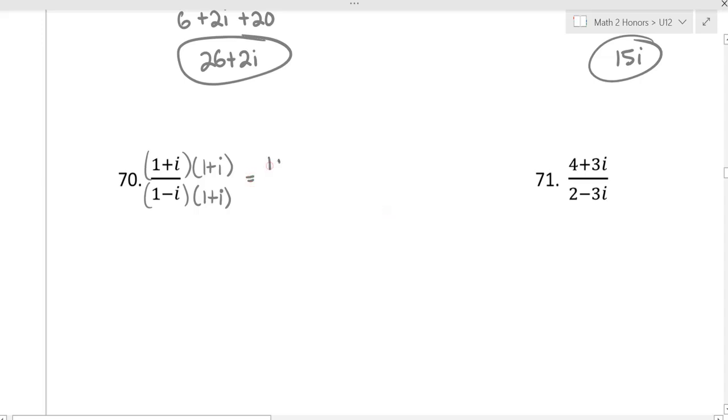Work that out. We end up with 2i over 2, which is just i.